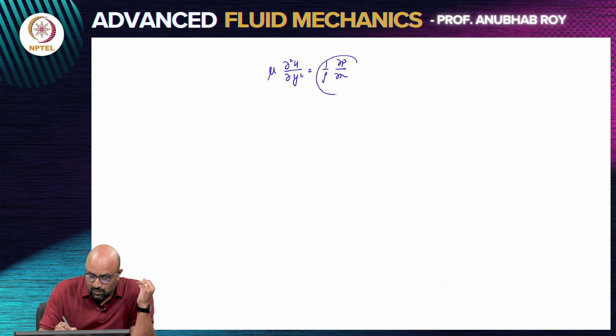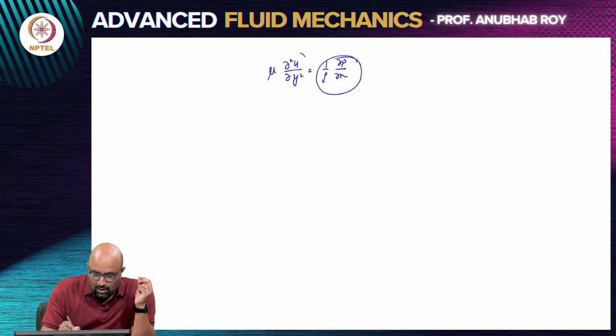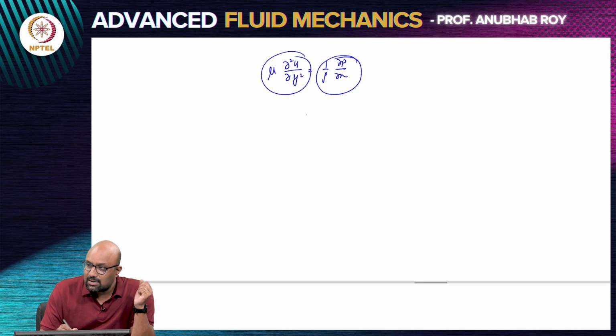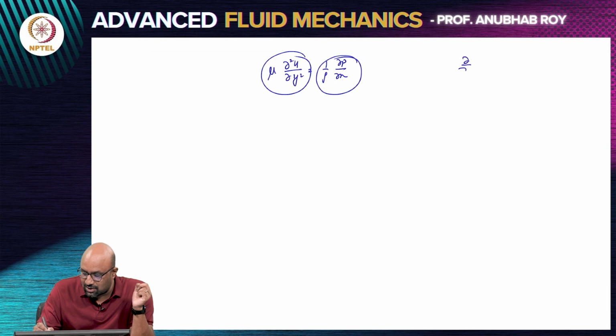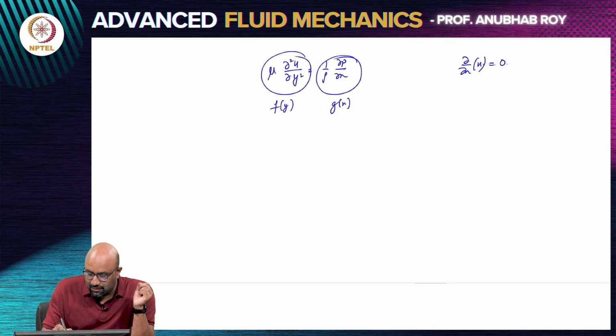Now, pressure is purely a function of x, it is not a function of y. u is only a function of y and not a function of x. That is coming from the fully developed assumption that there is no variation of u, or for that matter any velocity component, in the x direction. So, this is purely a function of y, this is purely a function of x.